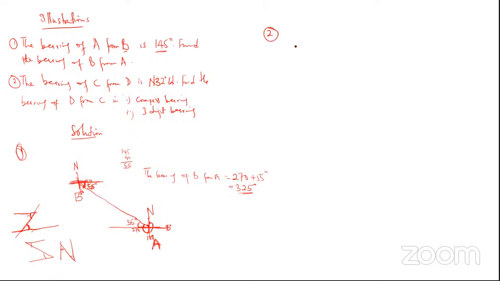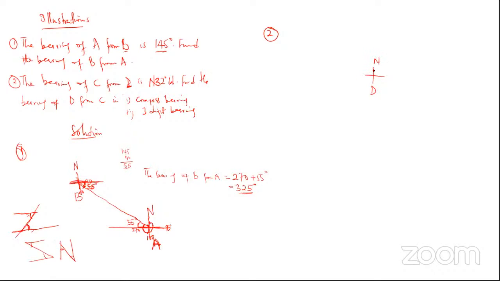Now in question number 2, I have the bearing of C from D is 32 degrees west of north. We assume we know D. So like we did for the other one, go to the middle place and put your D there. The bearing given is 32 degrees west of north. Where is the north?